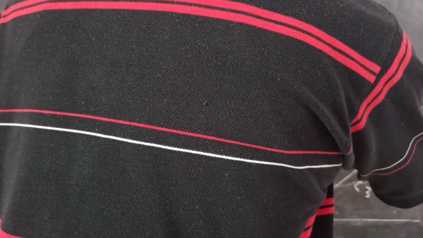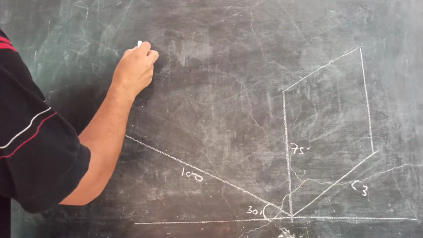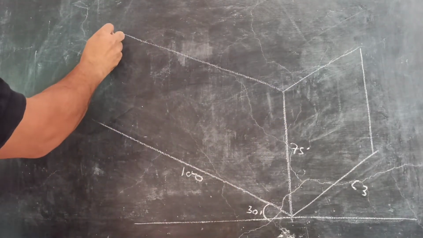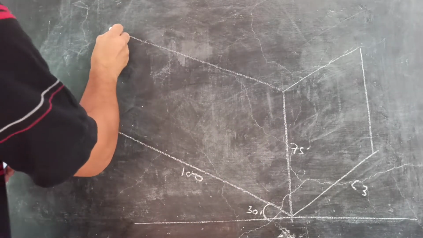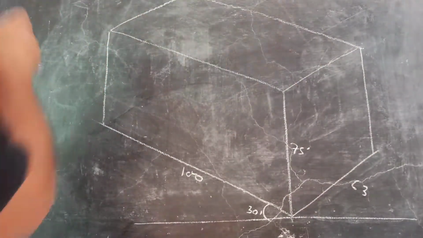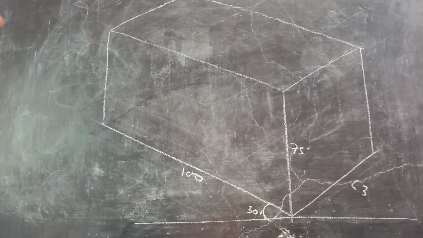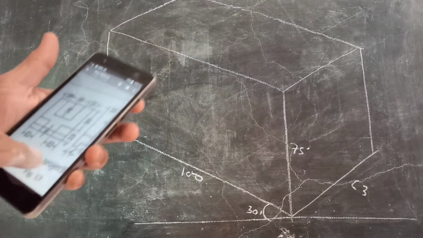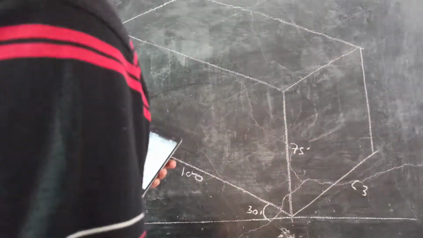So complete this box. So this is the box. We can see 100 by 75 by 63. So this is 63.